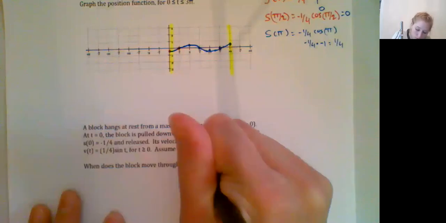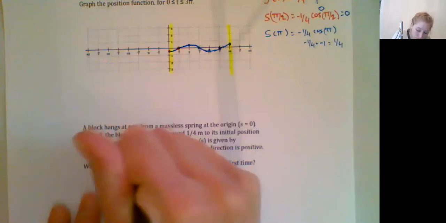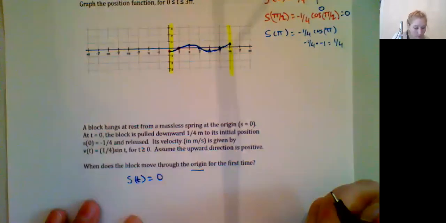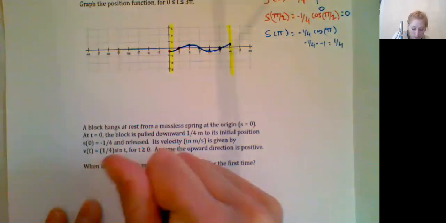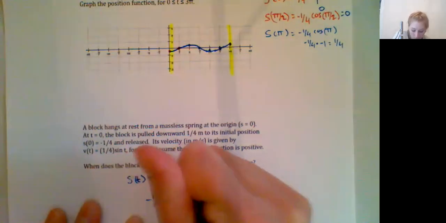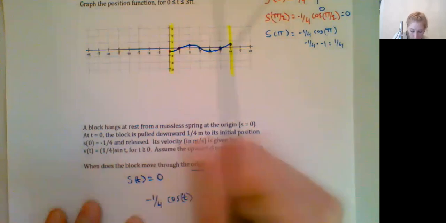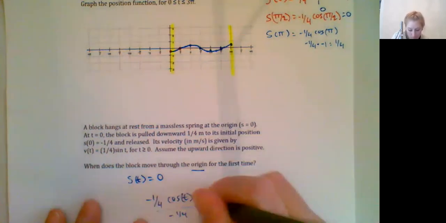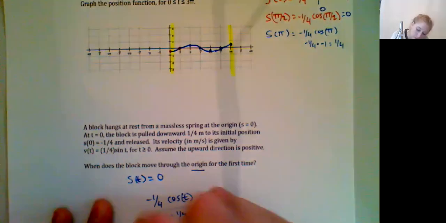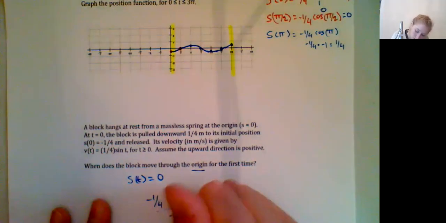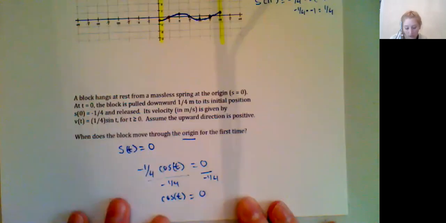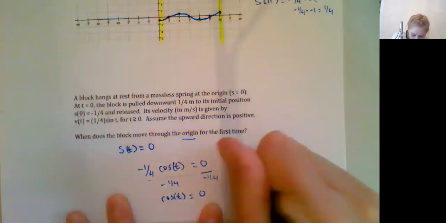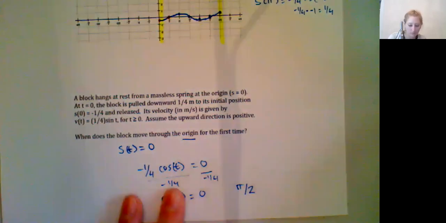So when we're going through the origin, that's telling me that my position function is equal to 0. So we say -1/4 cosine of time equals 0. Okay, so we could divide by -1/4, but that's not really going to change anything. So then this is asking me, where is cosine equal to 0? And the answer is pi over 2.